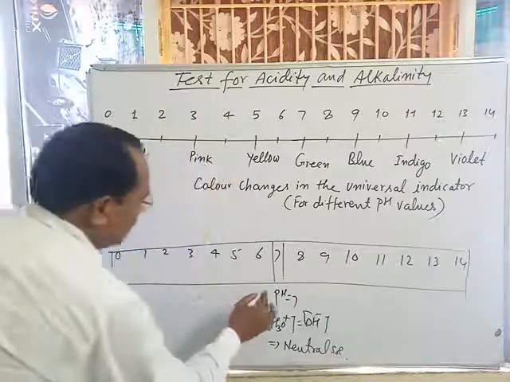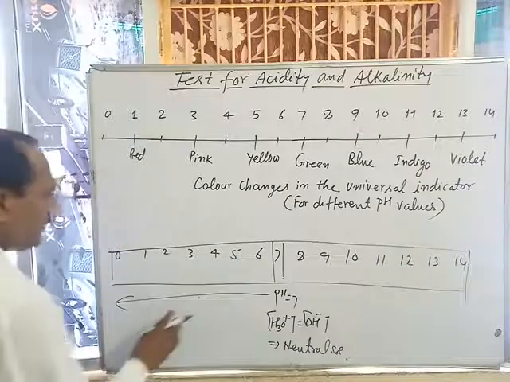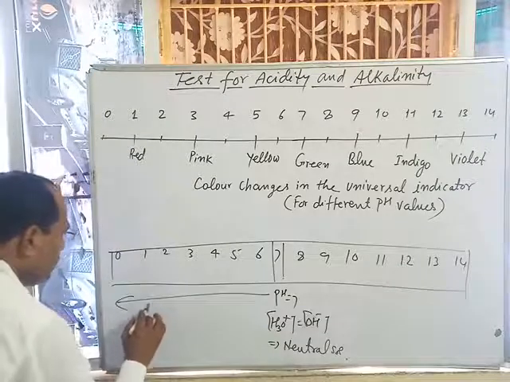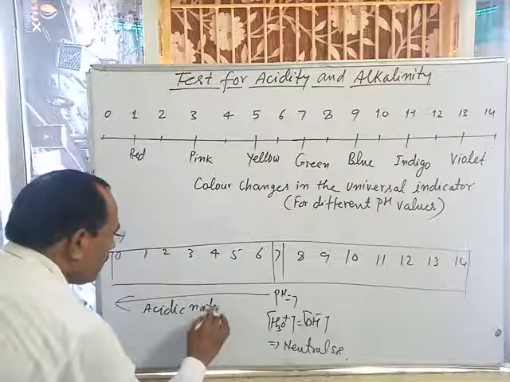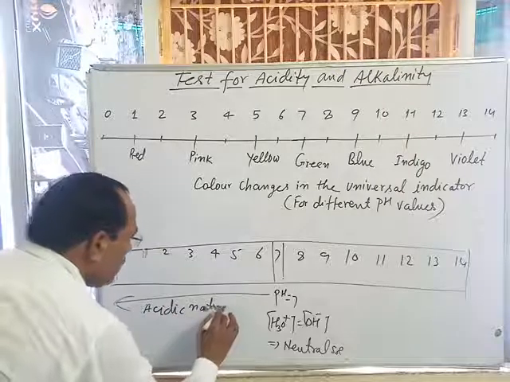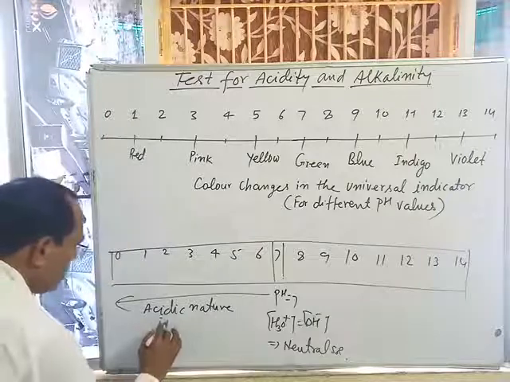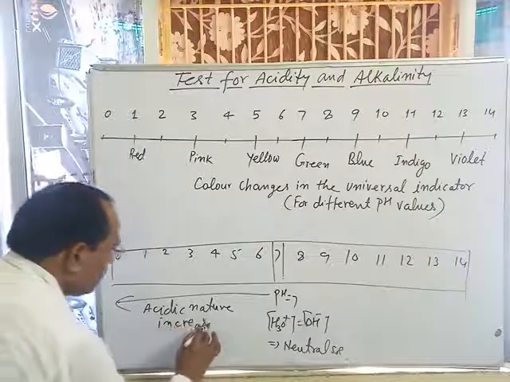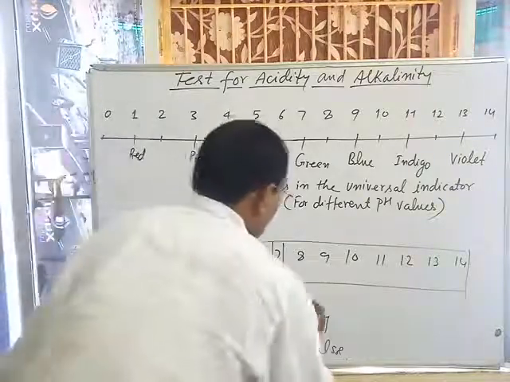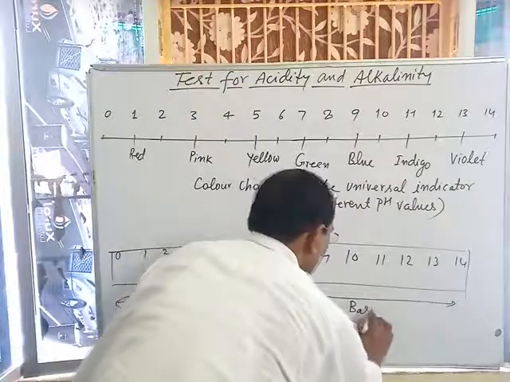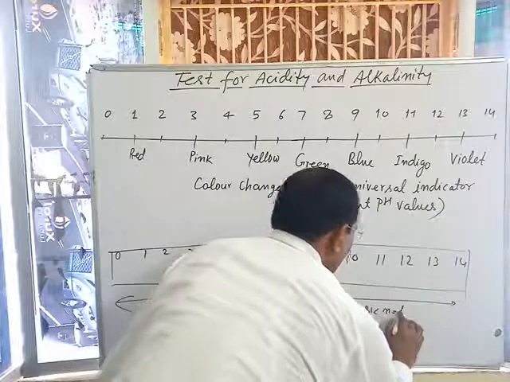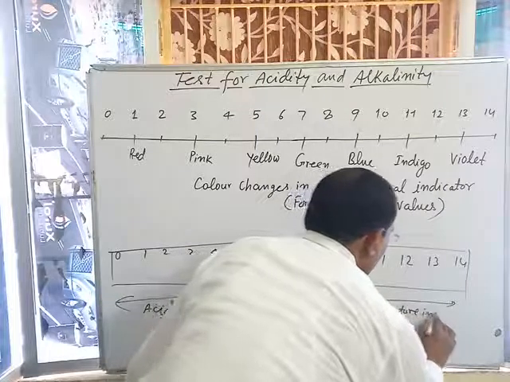As the pH decreases, acidic strength increases, which means acidic nature increases. As the pH increases, basic nature increases.